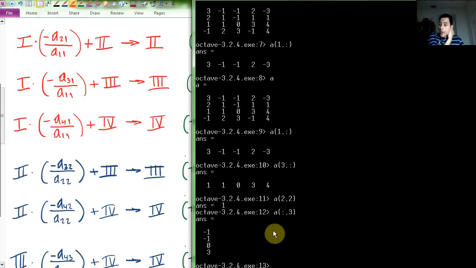Okay, so we're going to do operations. So here it is. Take the first row. I'm just translating this operation to Octave. So it takes the first row multiplied by the opposite of A21 divided by A11, and then add the second row.